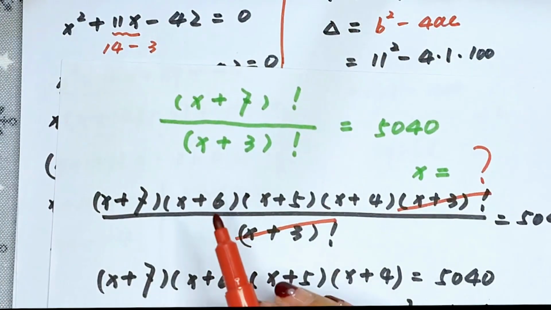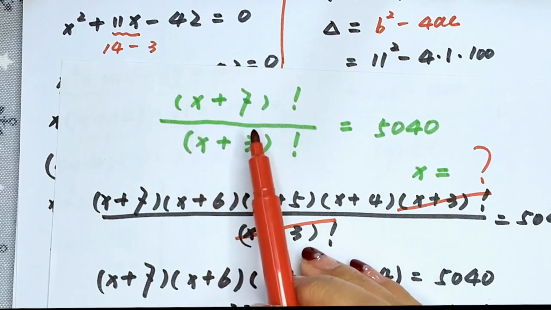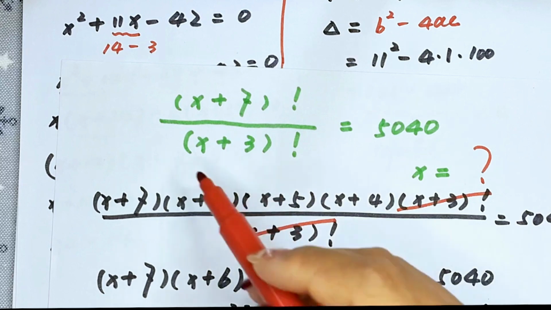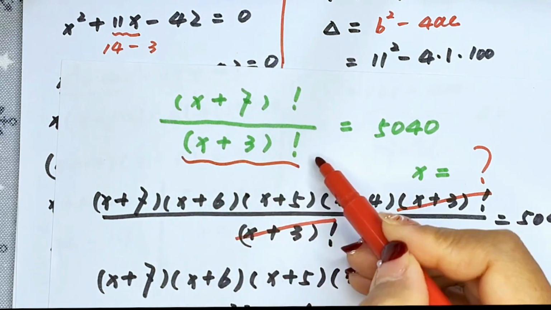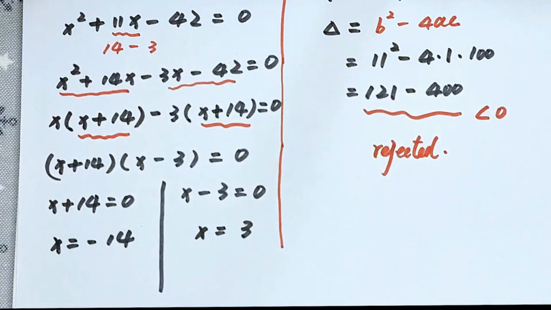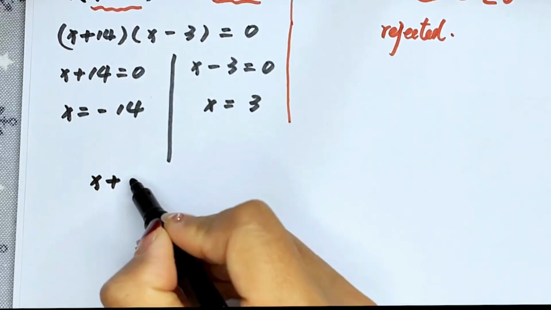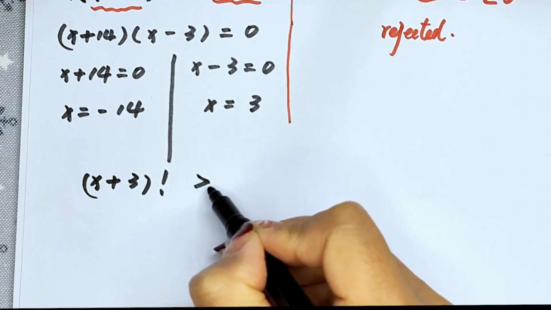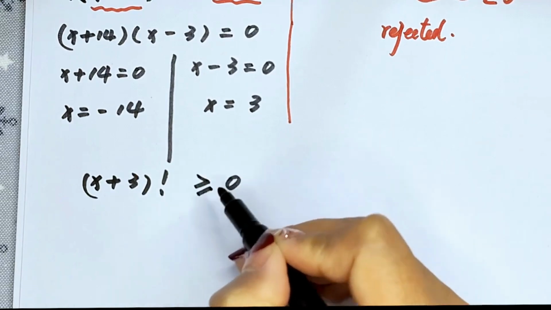We reject x equals negative 14 because our equation is (x plus 7)! over (x plus 3)!. Then from the denominator, the value should be greater than or equal to 0. It means (x plus 3)! should be greater than or equal to 0.